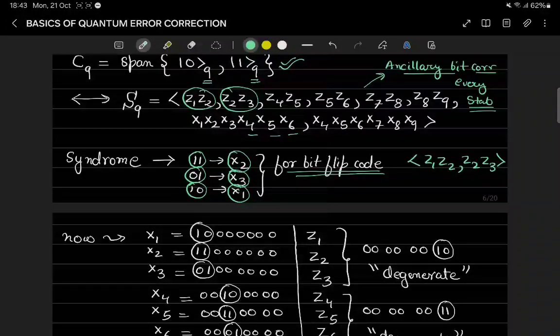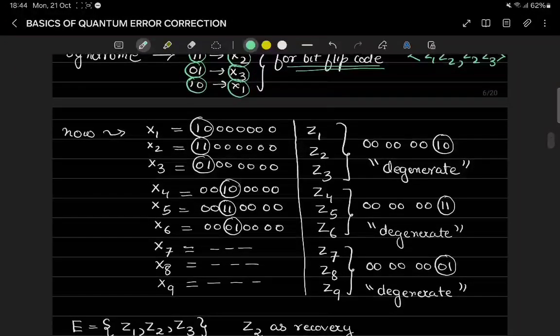So if I have Z1, Z2, Z2, Z3, a first bit flip means a 1, 0 in the first two of the ancillary bits, because the first two are coding for Z1, Z2 and Z2, Z3. So if I have 1, 1, I know that the error is on X2. If I have 0, 1, the error is on X3. Similarly, I have bits 4, 5, which are coding for the third and fourth, and 5, 6.